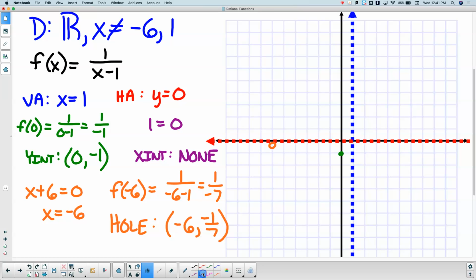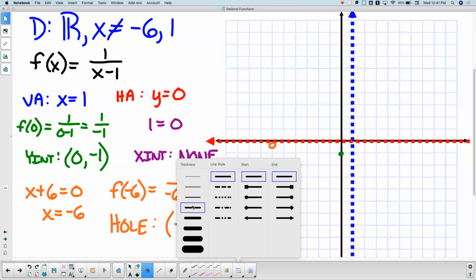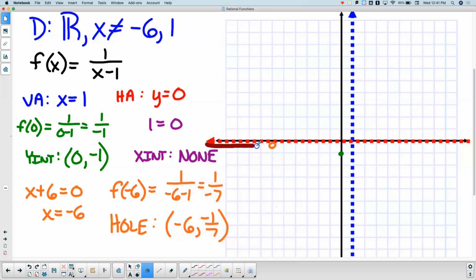That puts my function in on this side here. Now I just need to figure out what it is on this side. We can go with 2. If I put 2 into that function, I get 1 over 1. And 10.